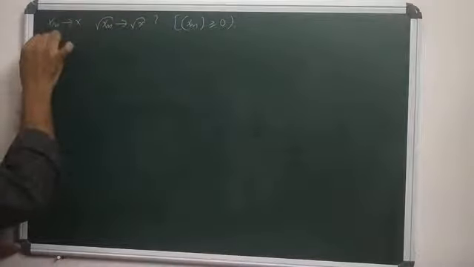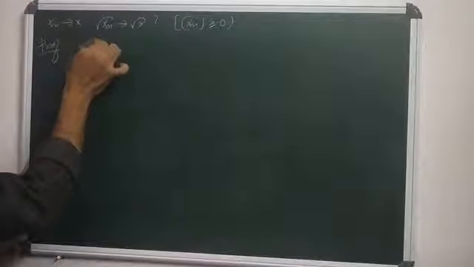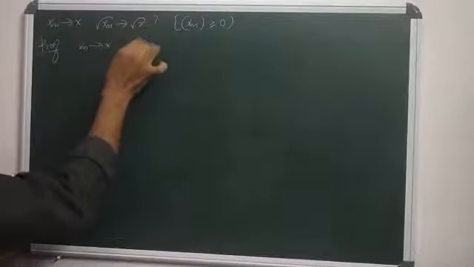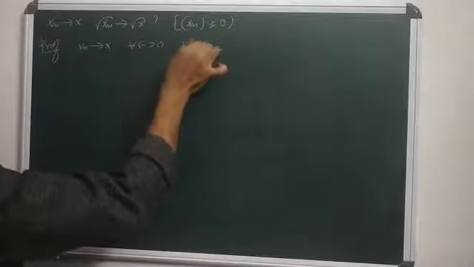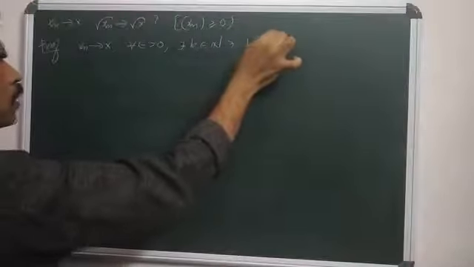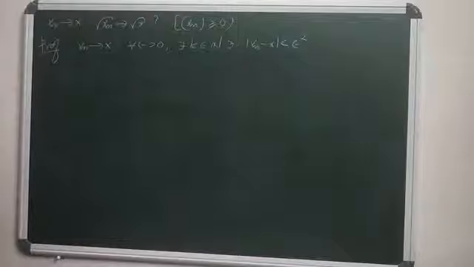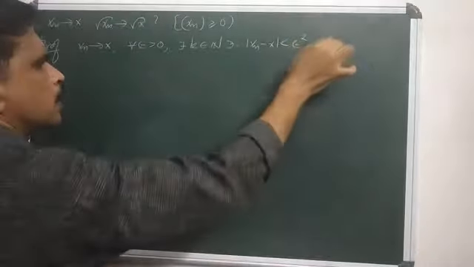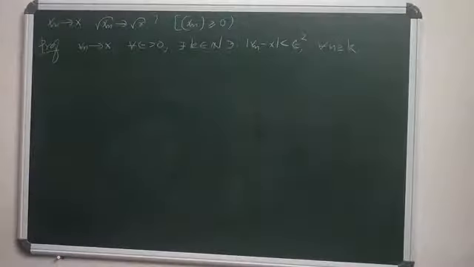So its proof: xn converges to x means for all epsilon positive, there exists some k in N such that |xn - x| < epsilon squared, only for the sake of argument, for all n >= k.